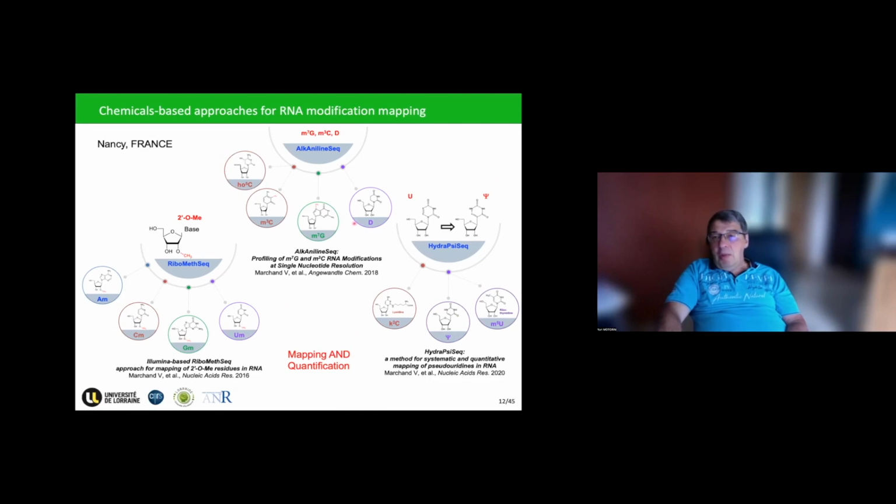Our probably most sensitive method is AlkAniline-seq, which allows the detection of different modified nucleotides. I will talk a little bit more about them. And more recently, HydraPsiSeq, which allows detection and, more importantly, quantification of pseudouridine in RNA.